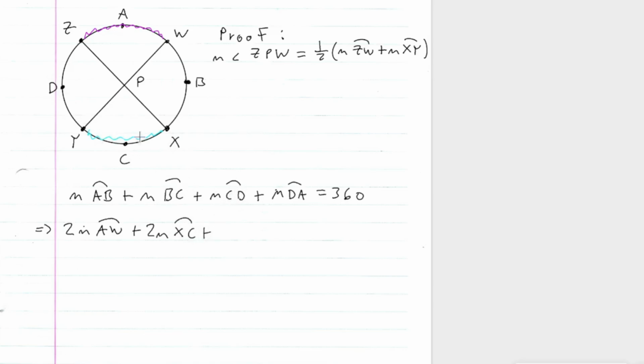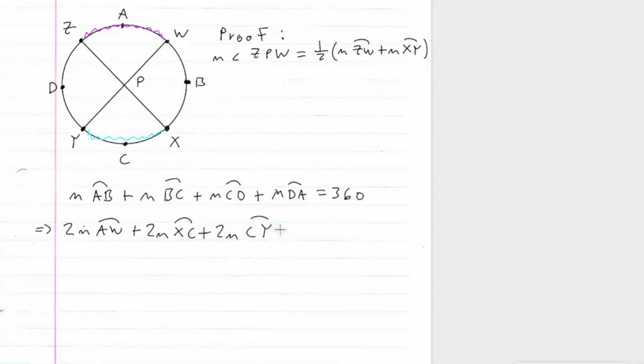And then CD, we're interested in this blue part CY, and since Y is the midpoint of CD, this is the same thing as 2 times the measure of arc CY.